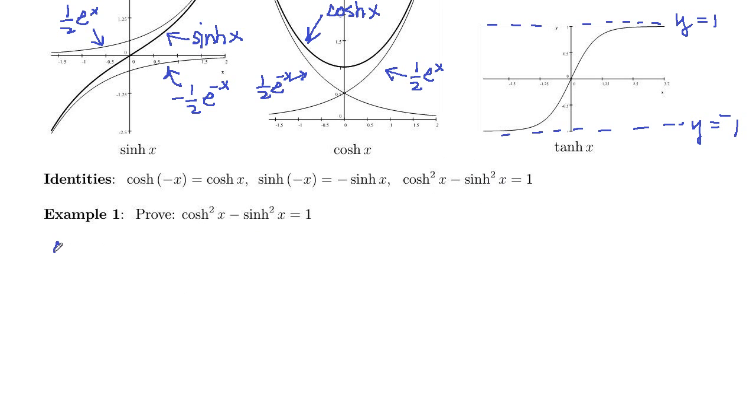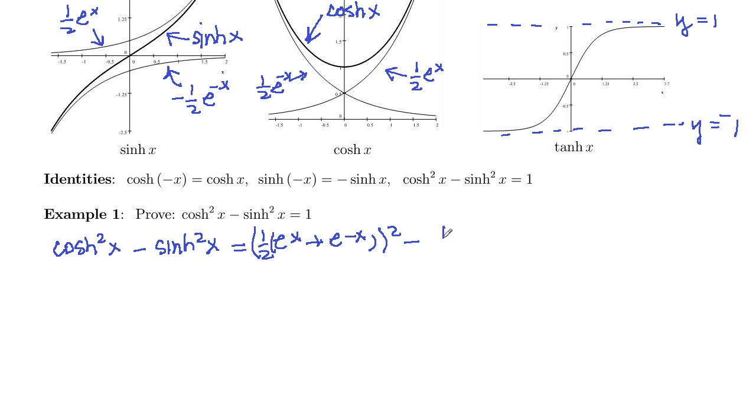So let's start out with our left-hand side here, cosh squared x, and then minus sinh squared x. And then I'm just going to bring down the definitions from up above. So cosh was e to the x plus e to the negative x divided by 2. I'm going to write that, instead of division by 2, as multiplication by 1/2. Okay, that whole thing gets squared.